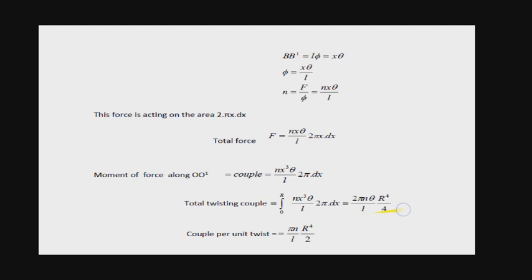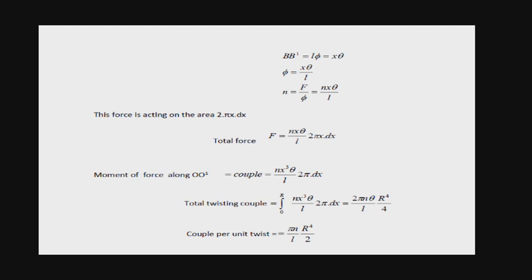This is the general integration. Next, couple per unit twist is pi eta divided by L into r to the power 4. So 2 and 4 become 1 by 2; 2 by 4 is 1 by 2. So this is the formula for couple per unit twist.